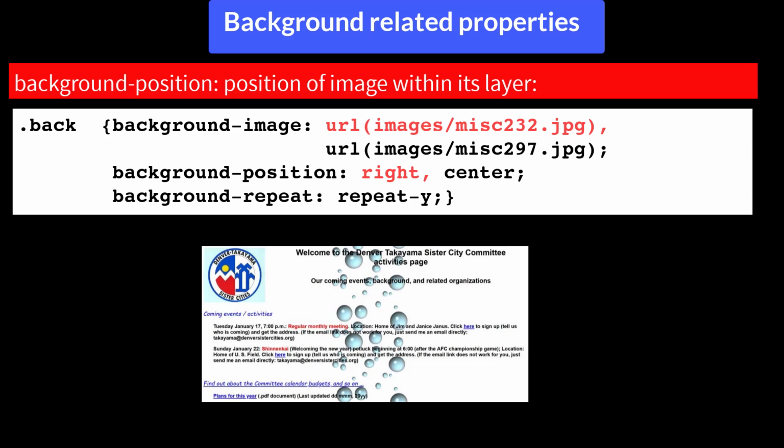Background-image: url(images/misc232.jpg), url(images/misc297.jpg), background-position right center, background-repeat y. So notice the first image has position right while the second has position center, and they both have repeat as repeat-y, and the result looks like this.